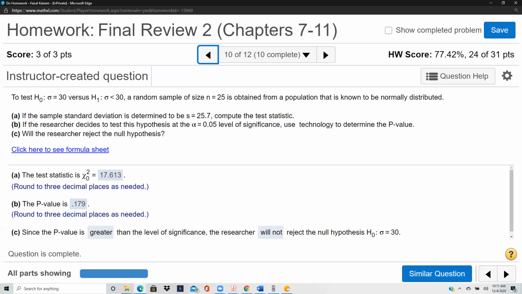And then you use the correct sign. It's less than. That's what I had. And then what do you get for test statistic and p-value? For my test statistic, I got 9.6154333. And then p-value 0.0165.